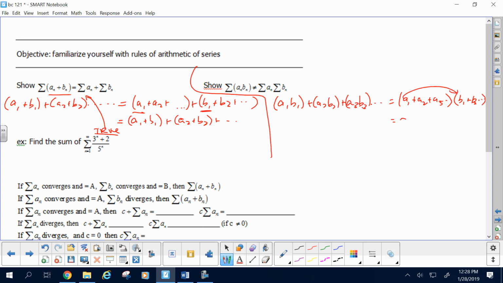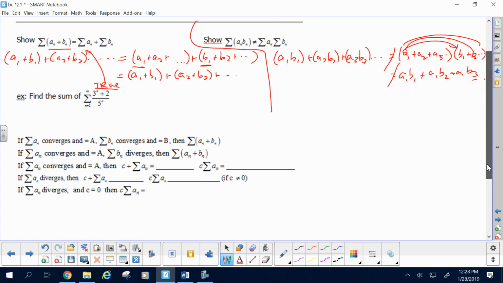I'd get A1B1 and A1B2 and A1B3. And obviously then it is nothing like the left side. It's way more complicated. Those are definitely not equal. So if you get a sum in a series, you can split it, a lot like an integral. If you get a product in a series, you cannot split it. You must keep it together.